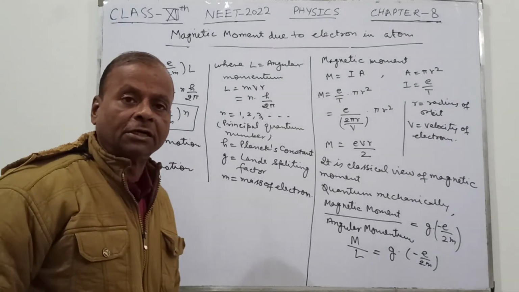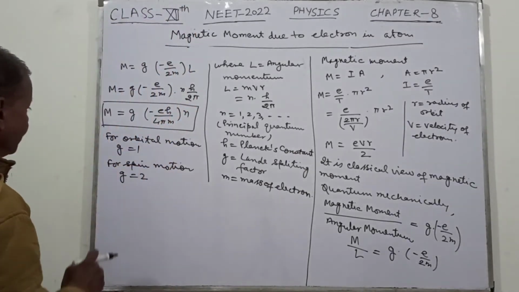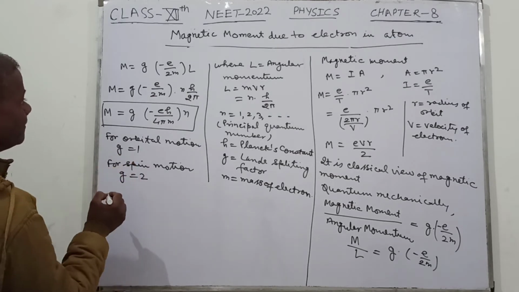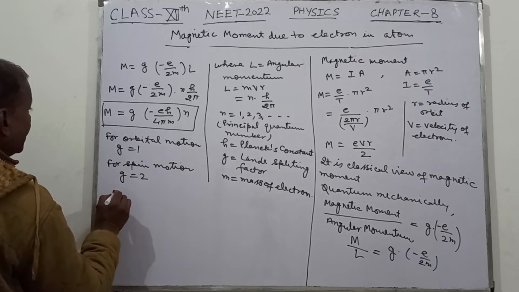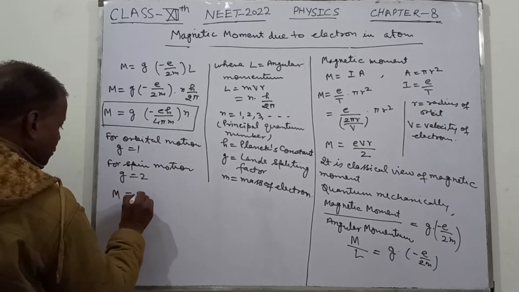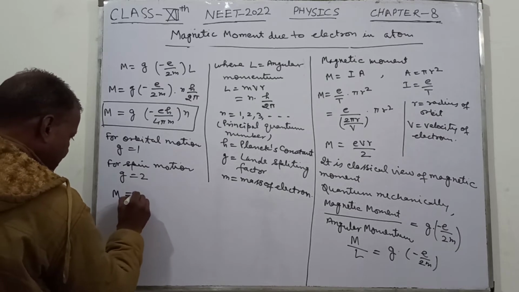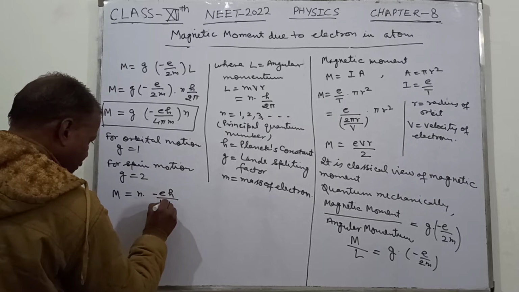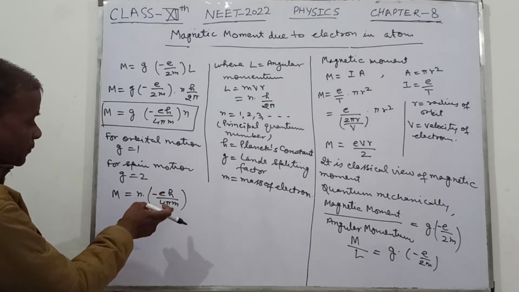So we are taking the orbital magnetic moment. So M equals n into minus e h upon 4 pi m.